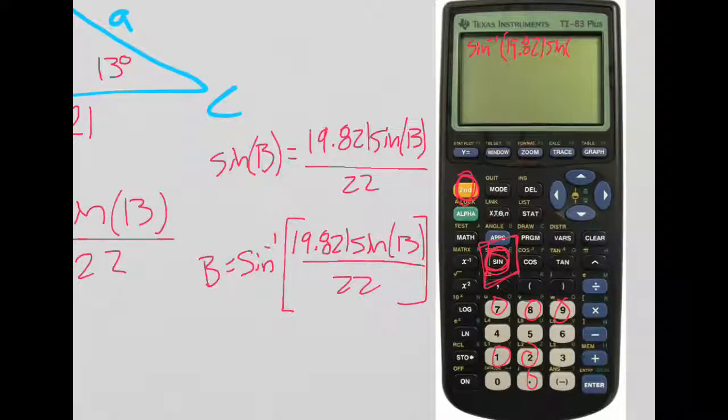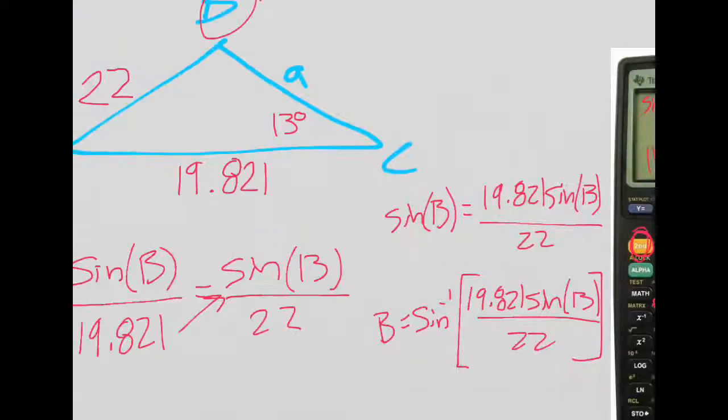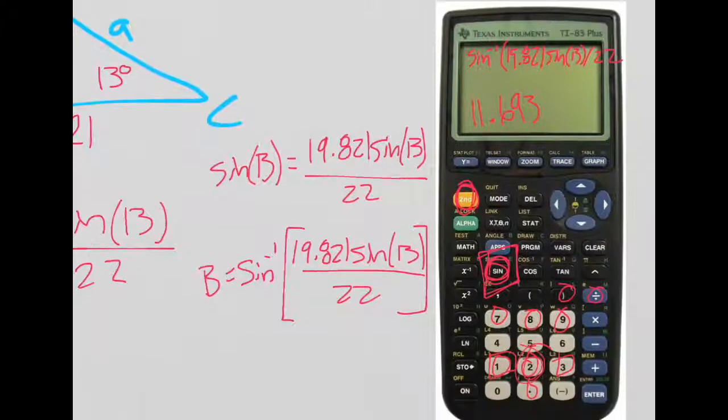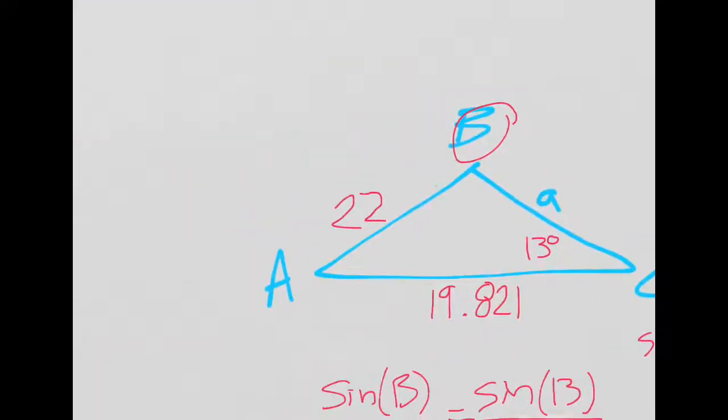It gives you that first parenthesis. I'm going to type 13, and now I have to close that parenthesis, but only close it once. If you close it twice, you will be closing off the sine inverse function, and we're not done yet. We still need to divide by 22.2. And now you can close the parenthesis off if you want to, but you don't have to, and you should get 11.693, and remember what that is. That is angle B.